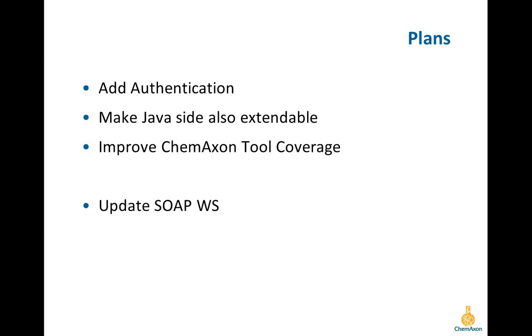Our ultimate goal is to provide web services for all the Java APIs. And last but not least, as our existing SOAP API is relatively old, it started to be developed, let's say, 5 years ago, we are also going to update that, making it a bit more ergonomic and providing migration from the old SOAP API to the new one.